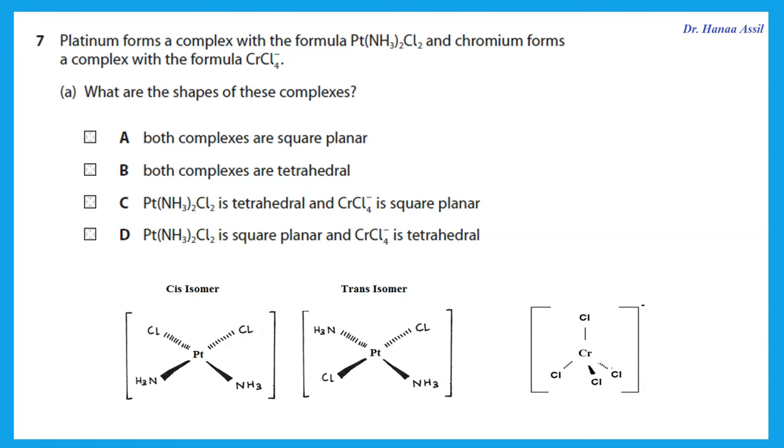Chromium with 4 chlorides, we said if the transition metal has 4 chloride ions, the chloride ions are large and they are spaced so that they are tetrahedral. So the platinum is square planar, and the chromium with the 4 chlorides is tetrahedral.